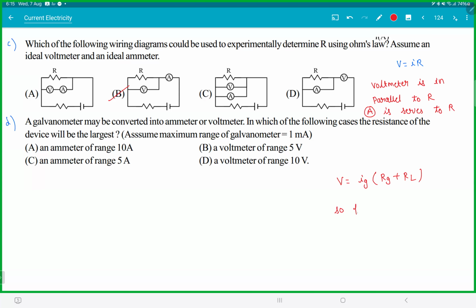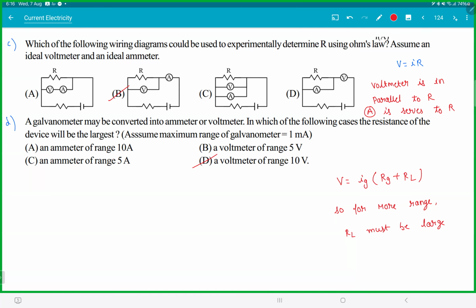So for more range, we need to keep more resistance. RL must be large. So among the devices, whoever has a more voltage range must have more resistance. Make sense? Between a 10 volt and 5 volt voltmeter, the one with the larger resistance in series will have a larger range.